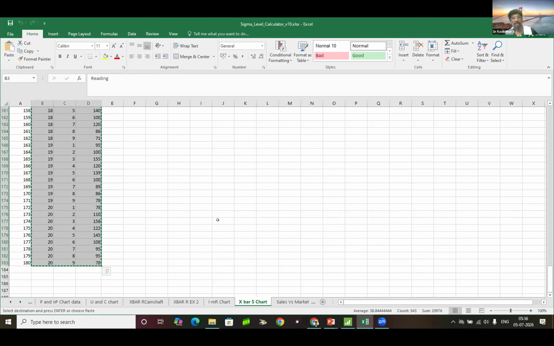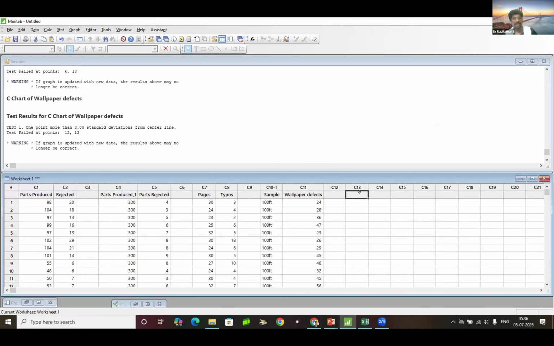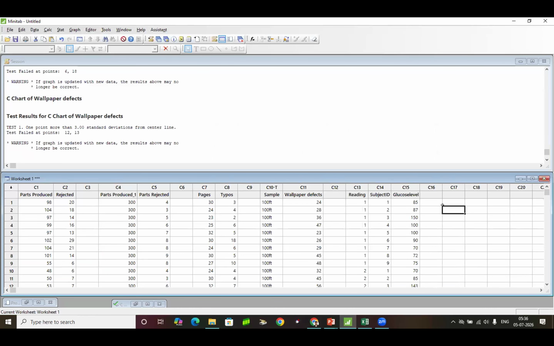Paste it in C13 like this. So all of you have pasted it, guys.